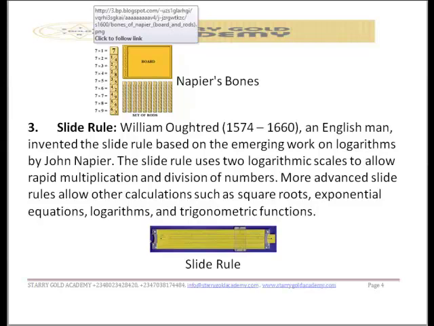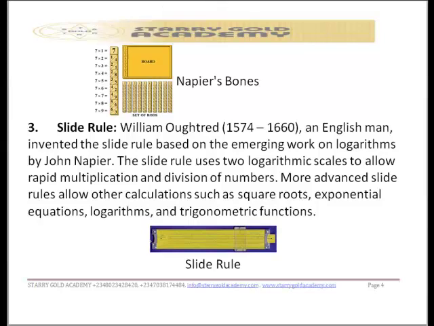Now, one of the components of this Napier rod is that it's made up of bones called rods. Features: it is made up of bones called rods.